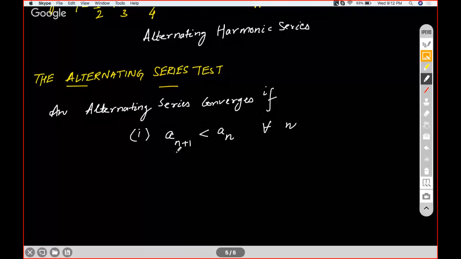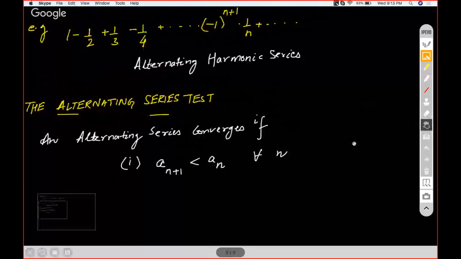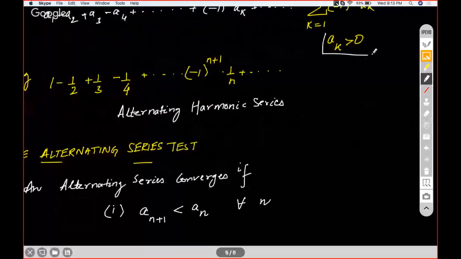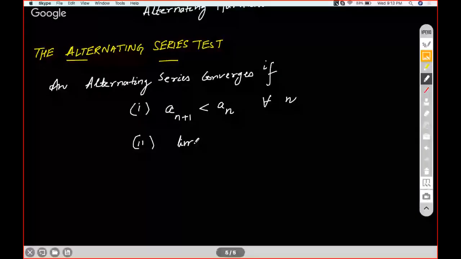They both are positive, by the way; we are putting external signs separately. And second, the limit of the nth term as n tends to infinity should be 0.